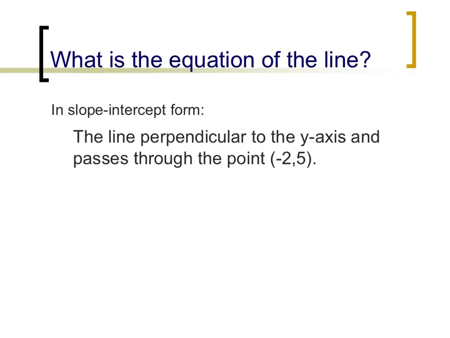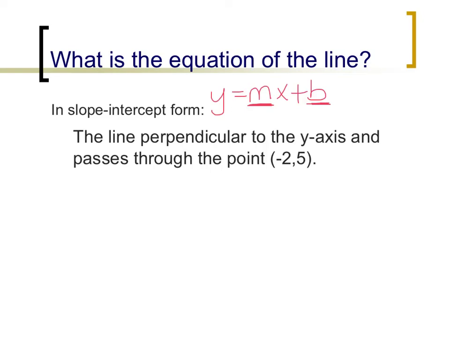Here we want to write an equation of a line in slope-intercept form that is perpendicular to the y-axis and passes through the point (-2, 5). Remember that your slope-intercept form is y equals mx plus b, where m is your slope and b is your y-intercept.